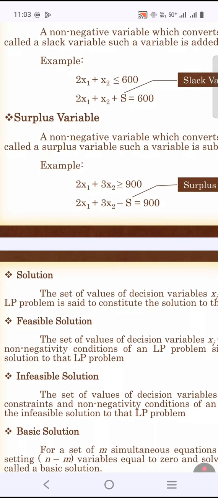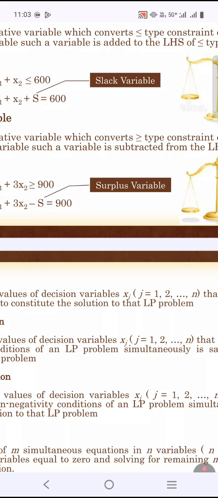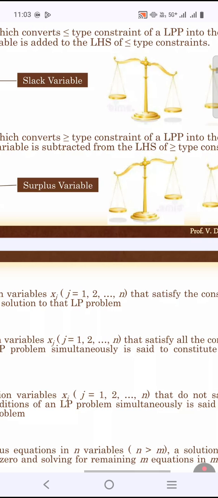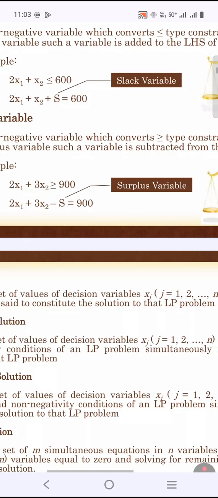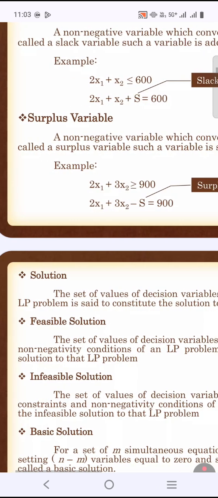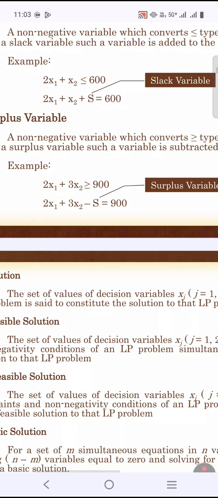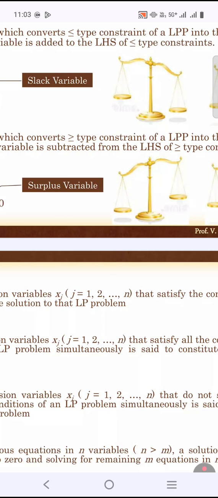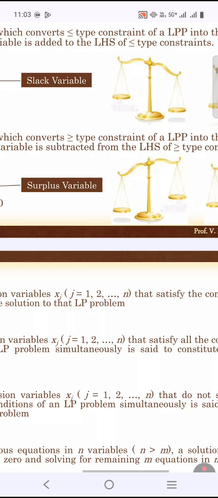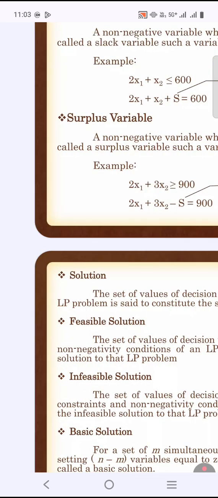Next definition, surplus variable. A surplus variable is a non-negative variable which converts a greater than type constraint of a linear programming problem into an equation. Such a variable is subtracted from the left hand side of the greater than type constraint.